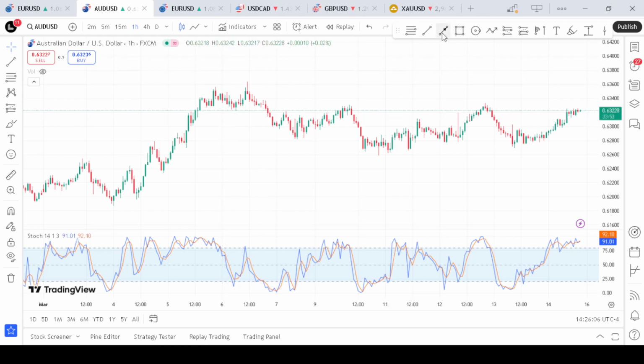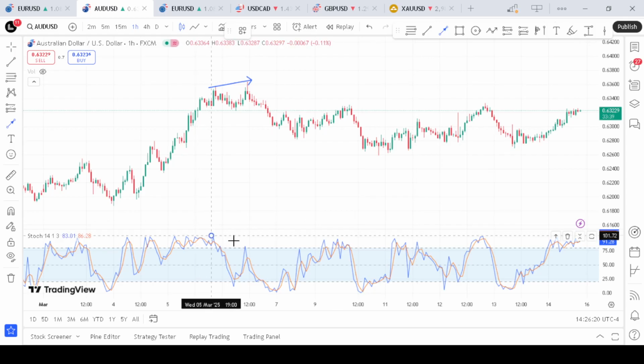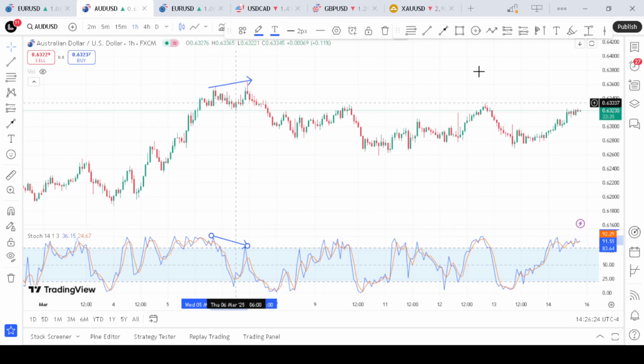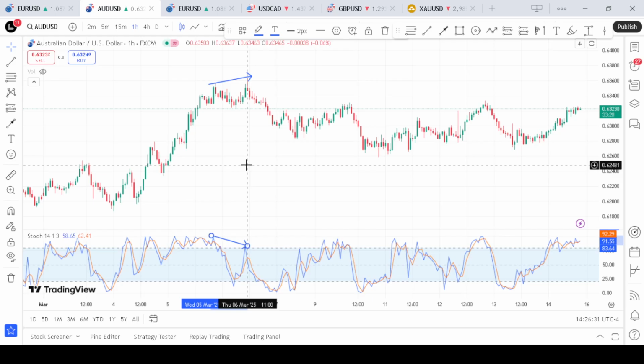If we look at this area in the market, we can see price is making a higher high, but the stochastic indicator is making a lower high, showing a divergence and signaling that there should be a bearish reversal. This is exactly what divergence is all about.